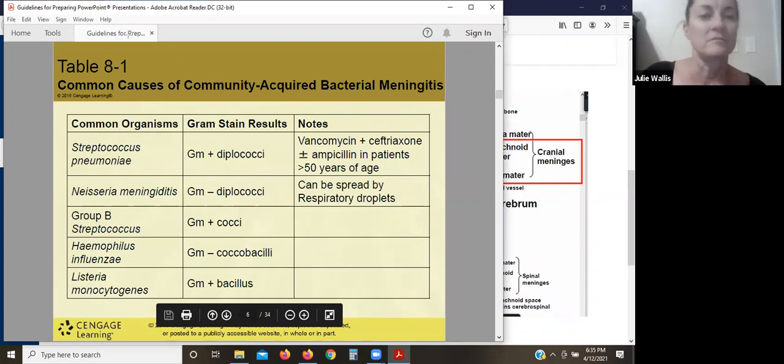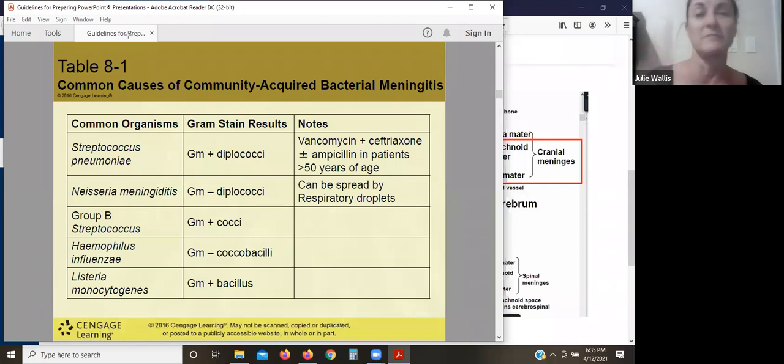There are, I think, over 50 different viral types that can cause meningitis and 50 different bacteria that can cause meningitis. These are the most common organisms, and these are just for bacterial meningitis that were listed in your book. So it has the gram stain.